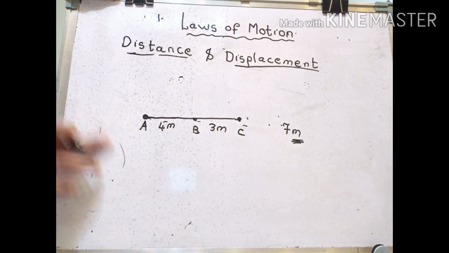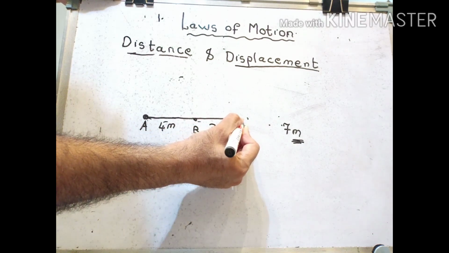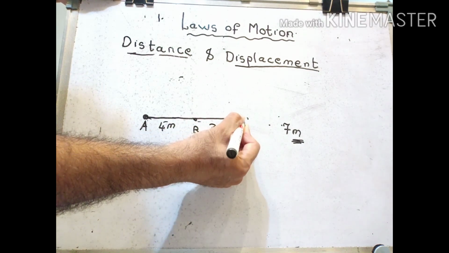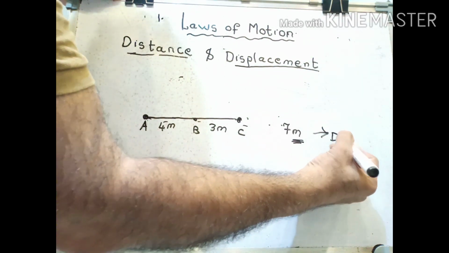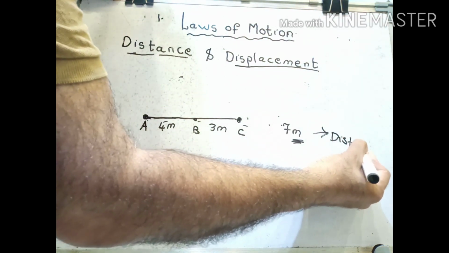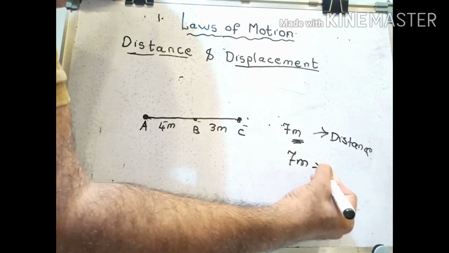In this case the distance covered was in a straight line, so the displacement will also be the same. Here the distance is 7 meters, and displacement will also be 7 meters.